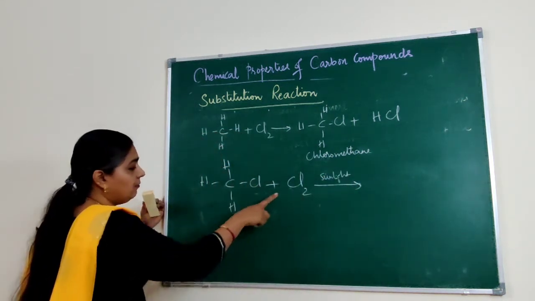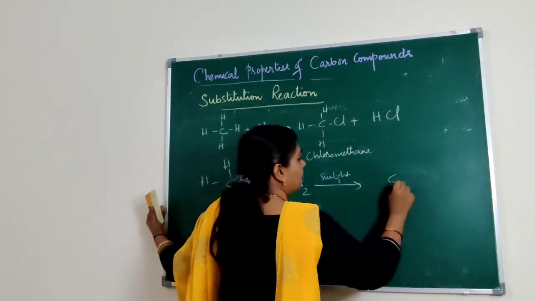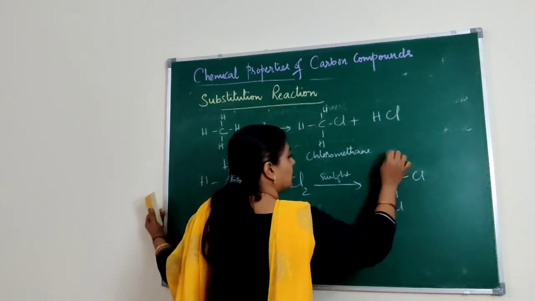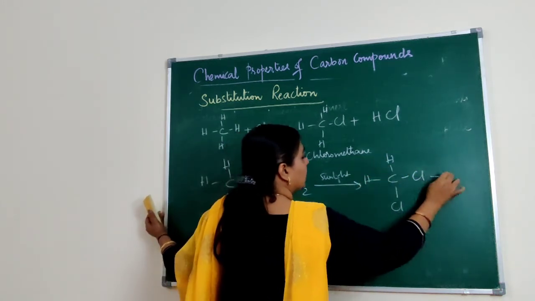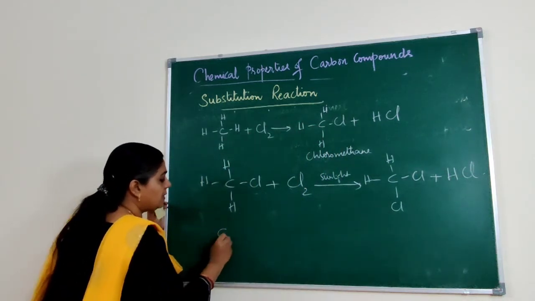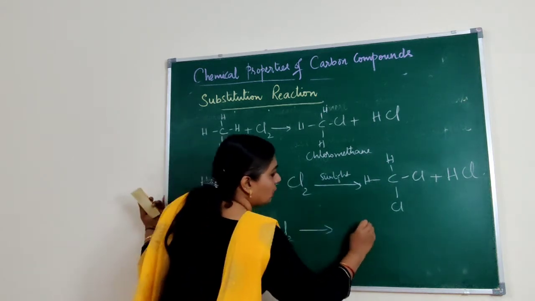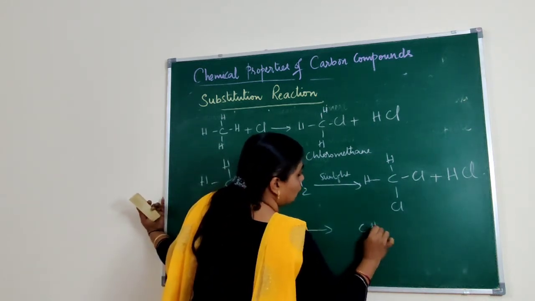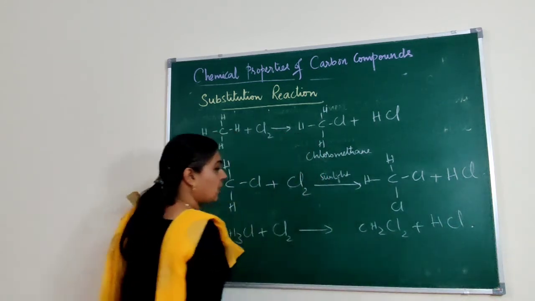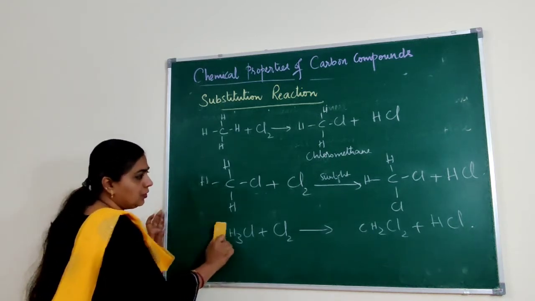One more H will be replaced by chlorine, plus HCl. So CH3Cl plus Cl2 gave you CH2Cl2 and HCl. Okay, this is what you got. Then again it will not stop with this. So let us continue, right?